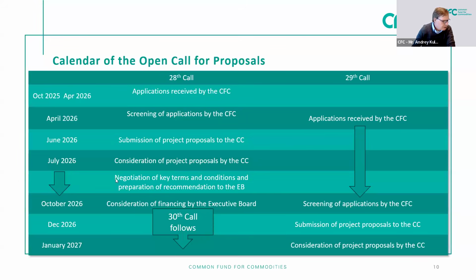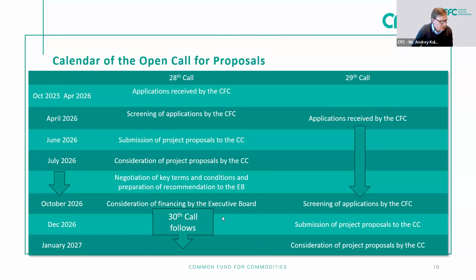Then we will come back to successful applicants with the additional terms and conditions from the Consultative Committee and prepare our submission to the Executive Board. The Executive Board meets in October 2026, closes and decides on the conclusions of the 28th call for proposals.